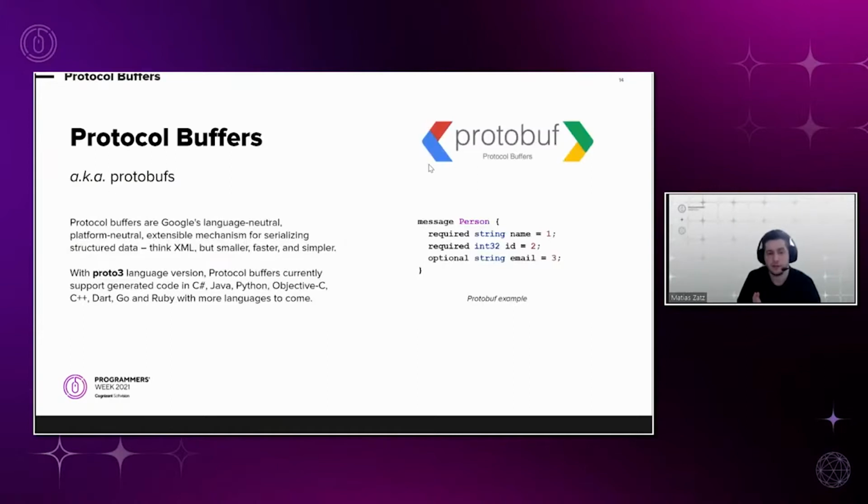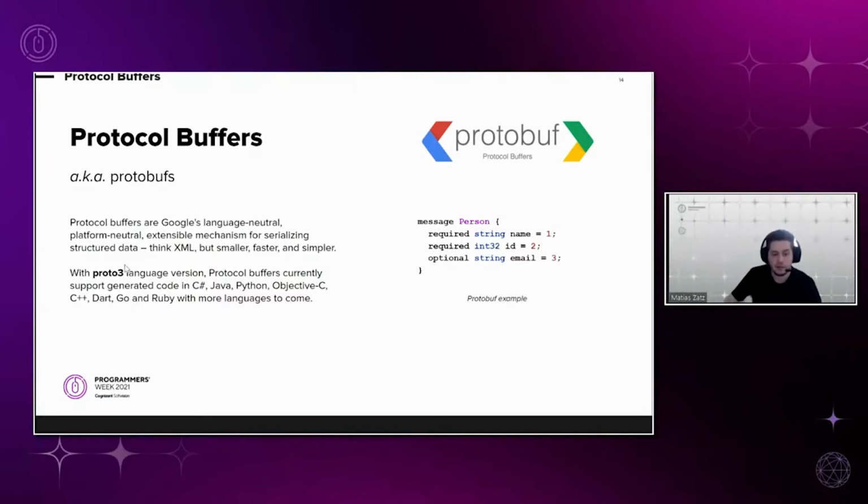So starting with protocol buffers. Protocol buffers are Google's language-neutral, platform-neutral, extensible mechanism for serializing structured data. And you can think of it just like XML, but smaller, faster, and simpler. And we are going to get into that in just a few minutes.